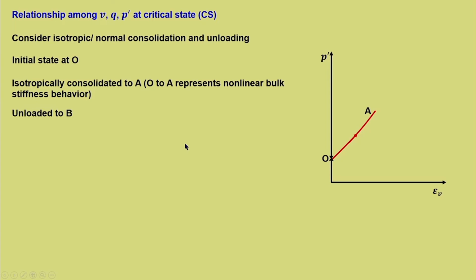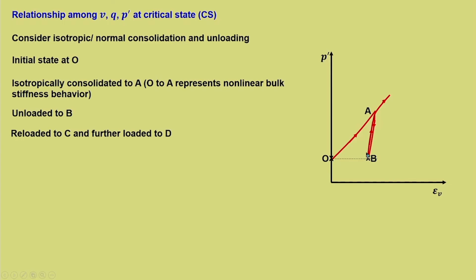Then from A it is unloaded to B. As you can see, it is unloaded to B. So, this O and B are at the same point, at the same p dash level.